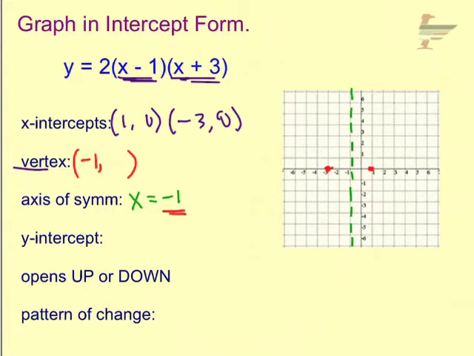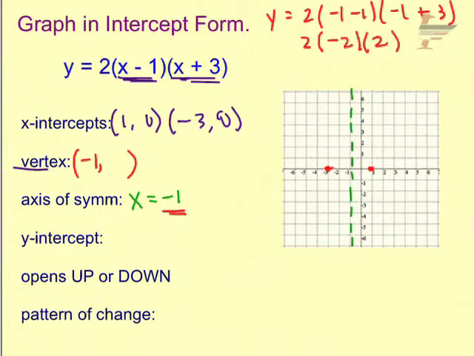We know that our x is -1 for our vertex, so to get the y value, let's plug in -1 for x and see what we get. So y equals 2 times (-1 minus 1) times (-1 plus 3), and we're going to simplify this. -1 minus 1 is -2, and -1 plus 3 is +2.